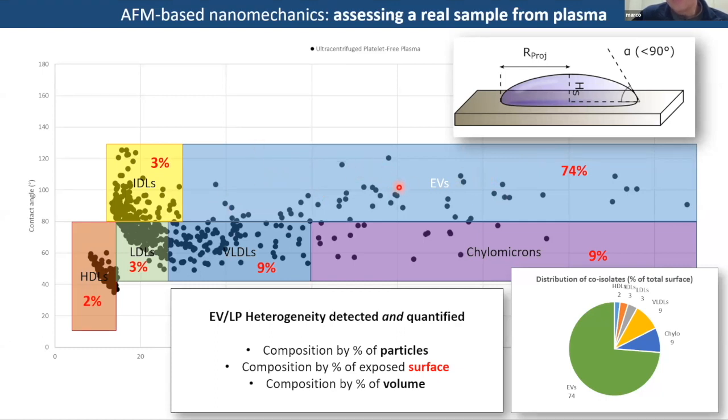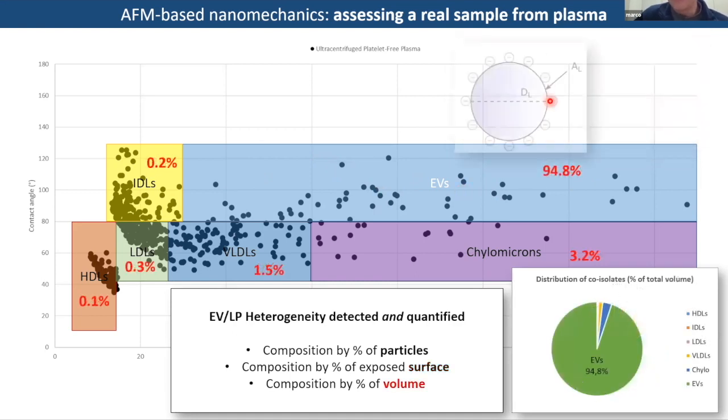So surprisingly, EVs were 8%, if I remember correctly, of the individual particles, but they exposed 74% of the total area of particles in the sample. We can also calculate the volumes, and in this case, EVs reach 95% of the total volume of the particles in the sample.